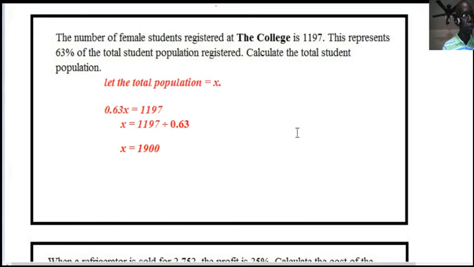X equals 1900. Thus, the total population is 1900.